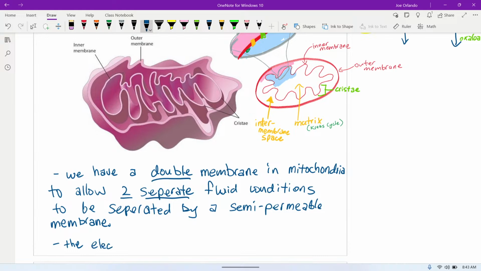The electron transport chain, which is what we're going to talk about today, happens using proteins embedded in the membrane.